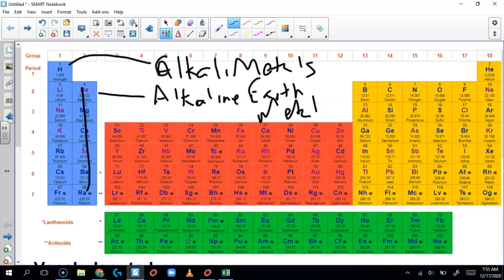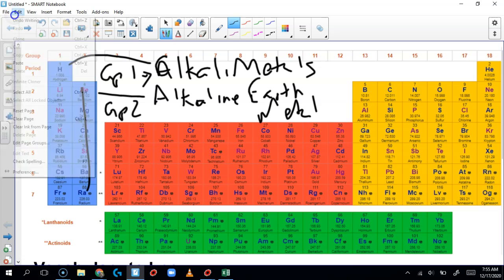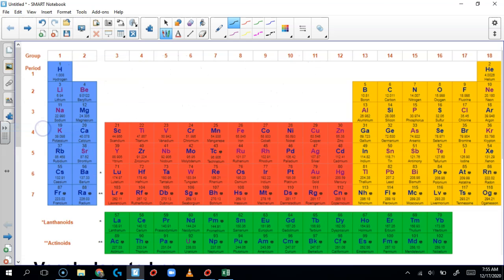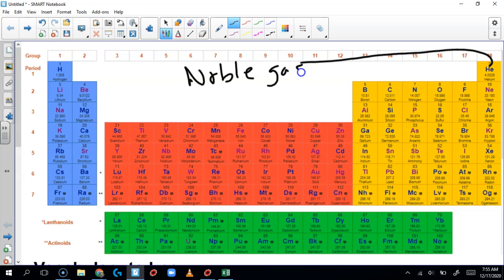They have very similar names, which makes it a little more challenging for you to remember. And then group 18 are the noble gases, which you may remember from doing other things in this class. And then group 17, these are called the halogens.